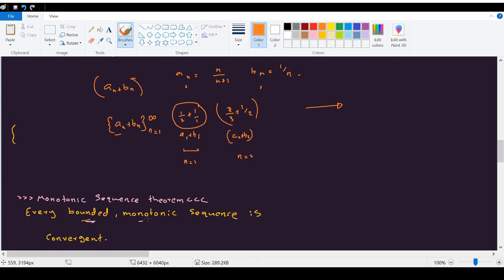If a sequence has these two properties, then it converges. But from this theorem alone we cannot find the limit. Now we know that the sequence will have a limit, but we don't have sufficient tools to find this limit explicitly from this theorem, right? For that we will need some more mathematical techniques.